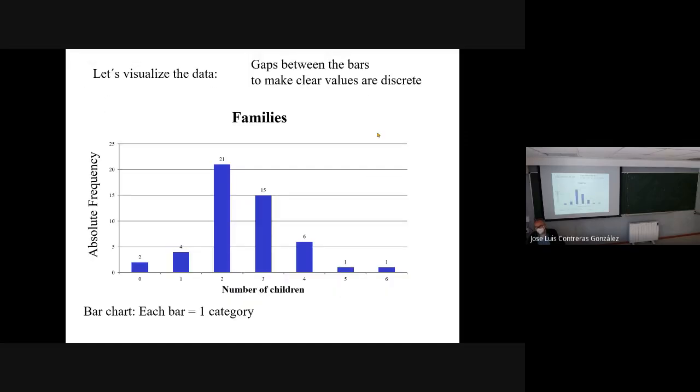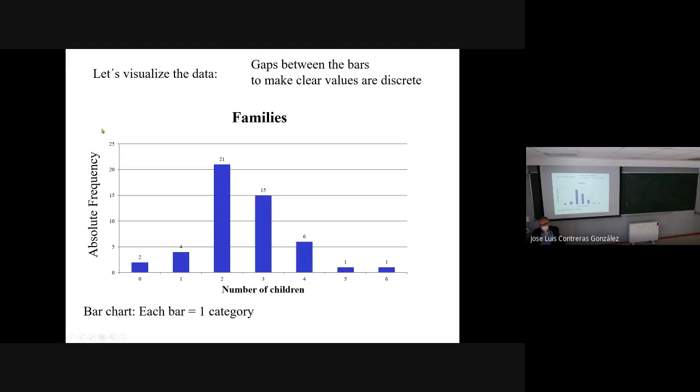Okay, let's go on. How do we represent this? The standard way to represent data for discrete variables is a bar chart. It's simply to draw bars where the height of the bar is either the absolute frequency or the relative frequency, one of the frequencies.